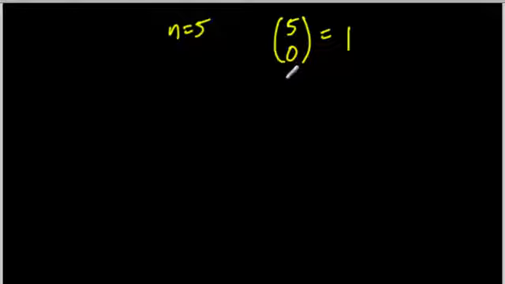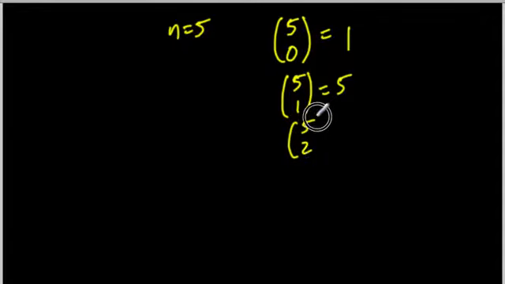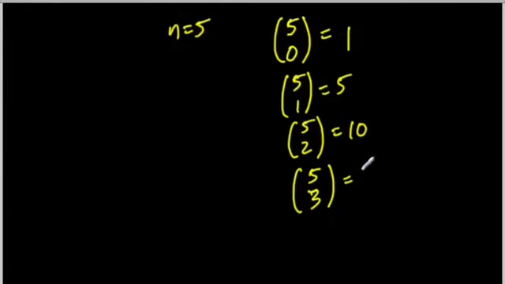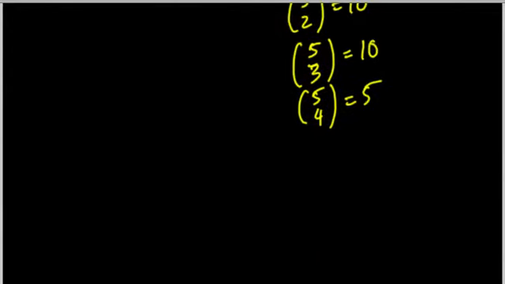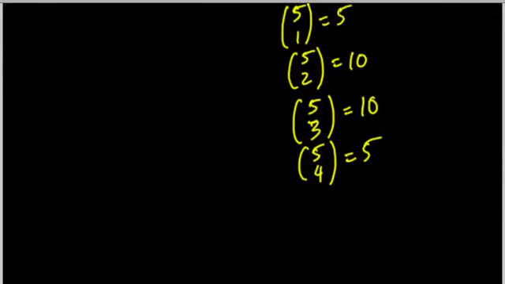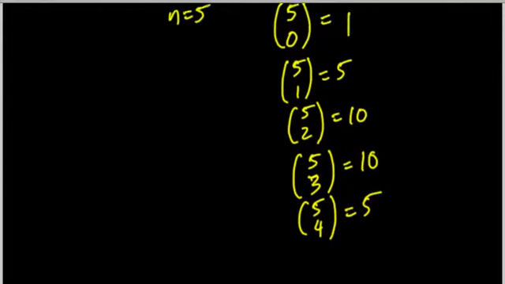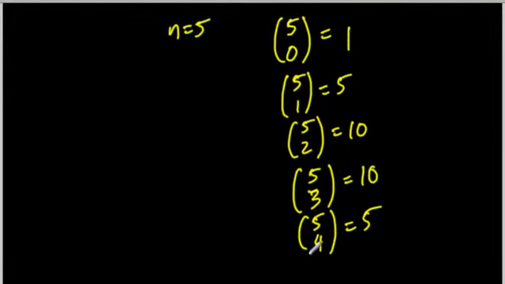Try plugging it in, you'll see exactly that. 5 choose 1 is equal to 5. 5 choose 2 is equal to 10. 5 choose 3 is equal to 10 as well. 5 choose 4 is equal to 5. And 5 choose 5 is equal to 1.